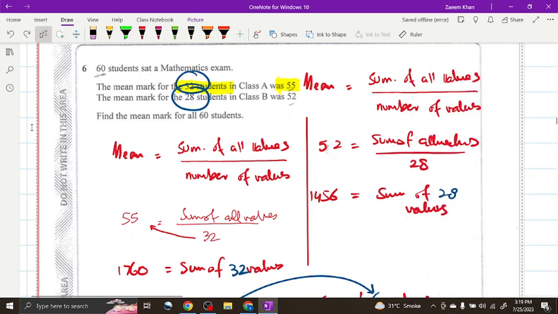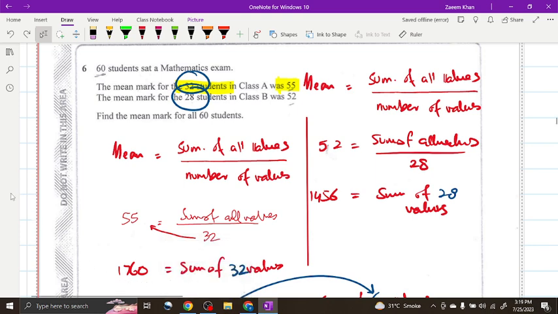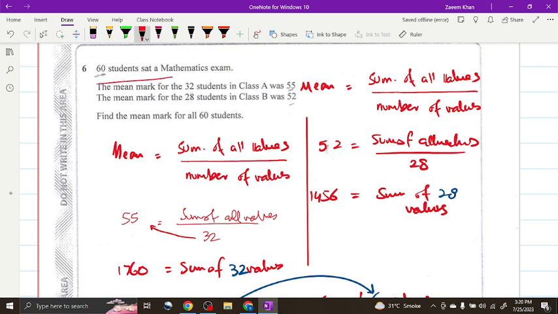On question number 6, we did this yesterday, but I would want you to explain this instead of me explaining it again. So let's see if you can explain the solution. You need to find the sum of all the values for the first one. Okay. And why is that?